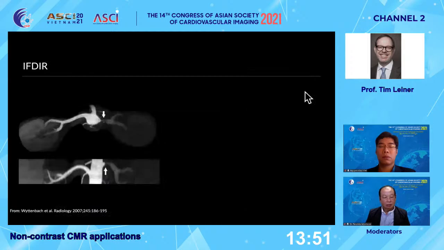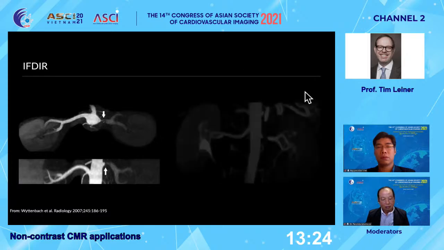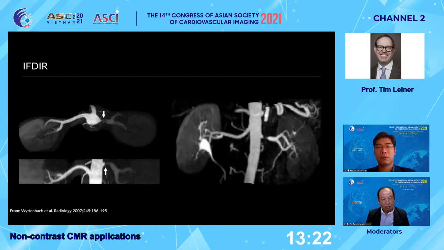This is IFDIR, and as I mentioned, this technique has been used successfully in imaging the renal arteries, and you can see right here in this patient with a renal artery stenosis on the left that on the right side you have this bright signal where the blood nicely distributes into the right renal artery, but in the left renal artery you can nicely visualize this high-grade stenosis quite accurately in comparison to the reference standard technique, DSA.